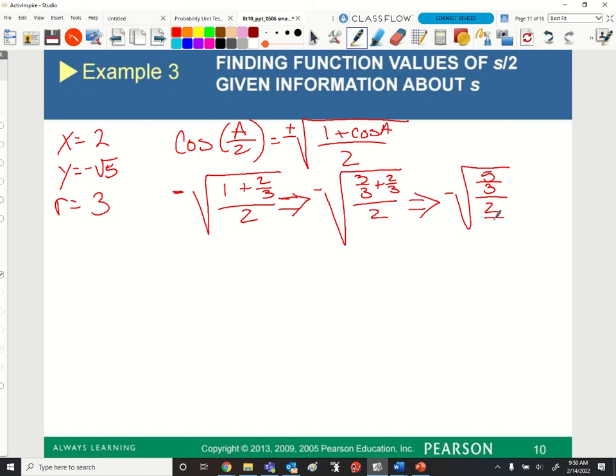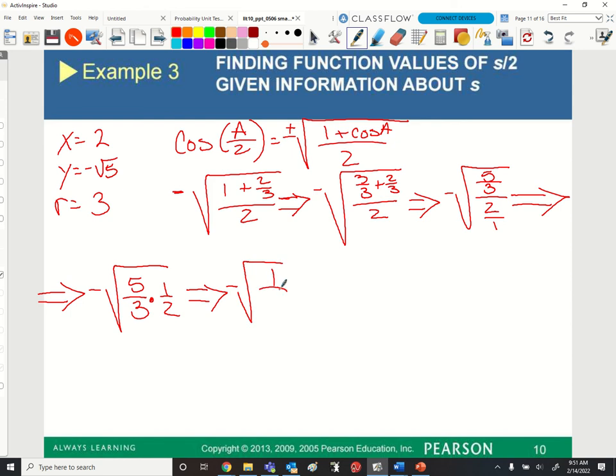I'm going to treat this like a fraction over fraction and do the Pac-Man thing where it comes out this side. So I get my negative and the radical, and I have 5 over 3. Now the reciprocal of the bottom, because I have a fraction over a fraction, so it's times 1 over 2, which is going to leave me with negative square root of 1 over 6.